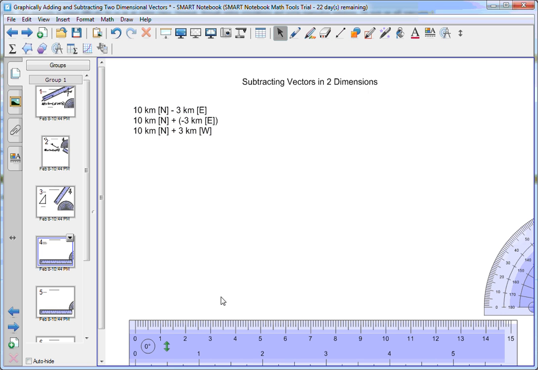So to work with this problem, we first need a measurement of 10 kilometers north. So we need our little compass direction.